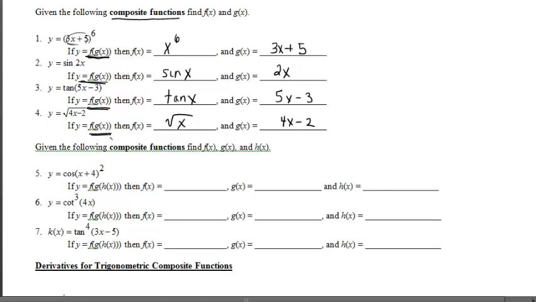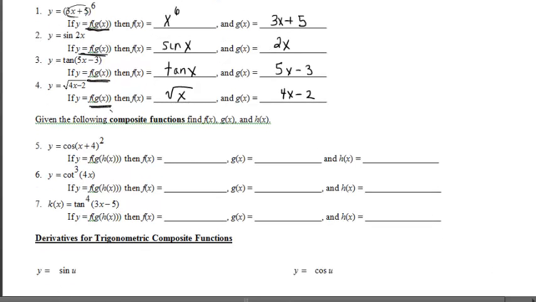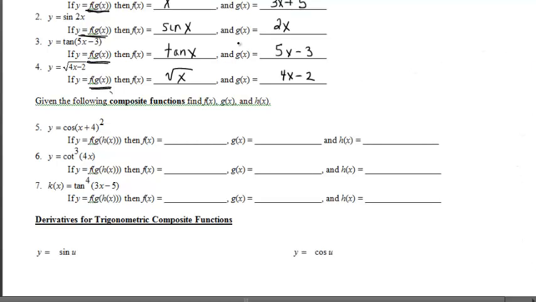Okay, so let's look at 5, 6, and 7. It gets a little more complicated because we're dealing with more than 2 functions. We're dealing with 3. Okay, looking at 5, we want to find h, g, and f. H is the innermost function, and the best way to think about the inside function is if you knew what x was, what's the first computation that you would do?